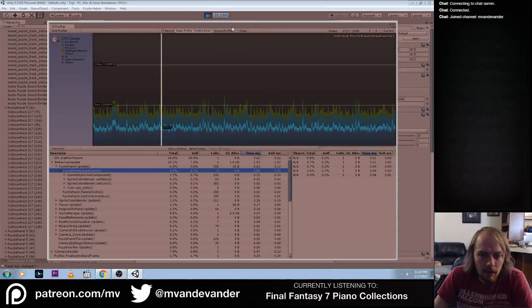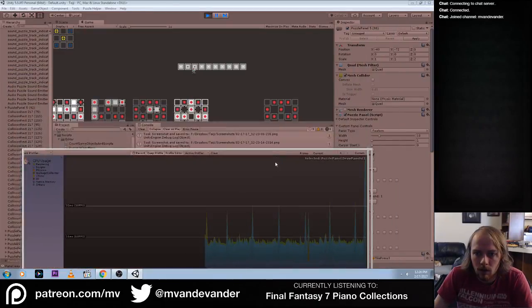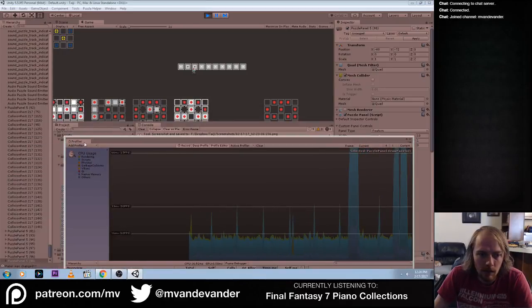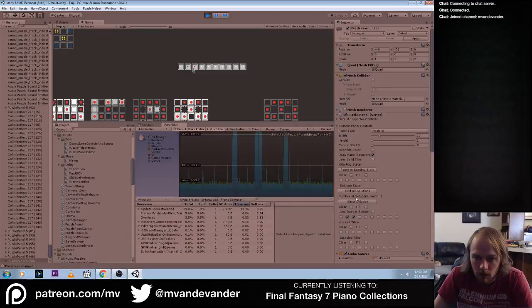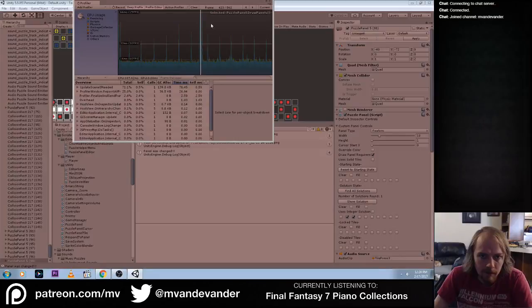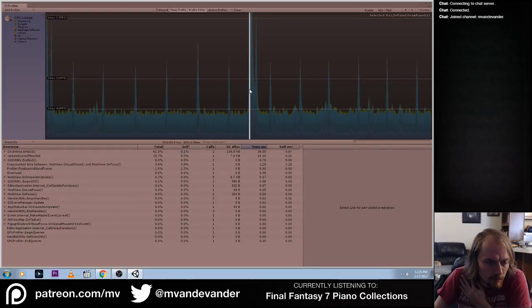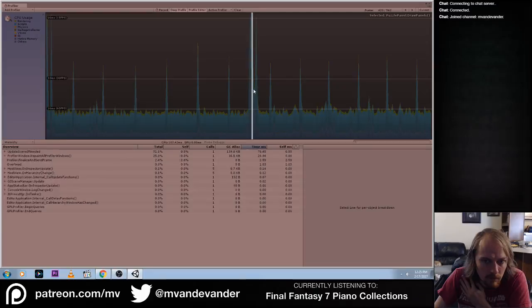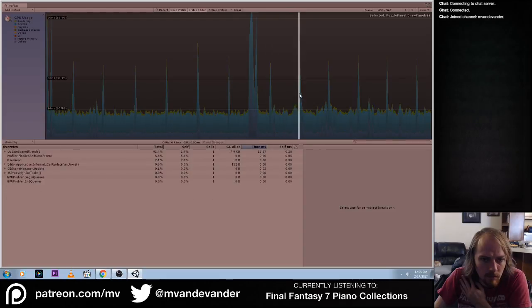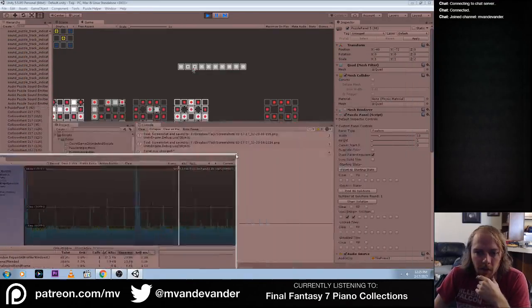Guess we'll put it into the editor then. And now I do need to dock it so I can head to this, and then stop recording that. It spends a lot of time drawing the profiler window, doesn't it?